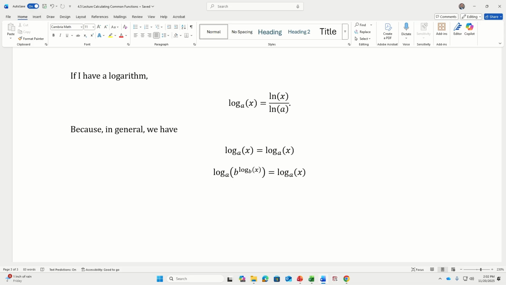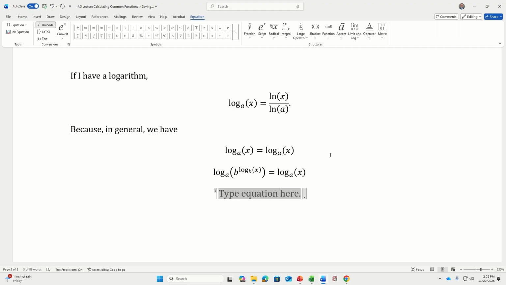Okay, so then there's going to be a property of logarithms that says whenever I have a power inside my logarithm, I can take that outside of my logarithm, like this. So where the power of b is logarithm base b of x, I'm going to take that outside of my logarithm and multiply.